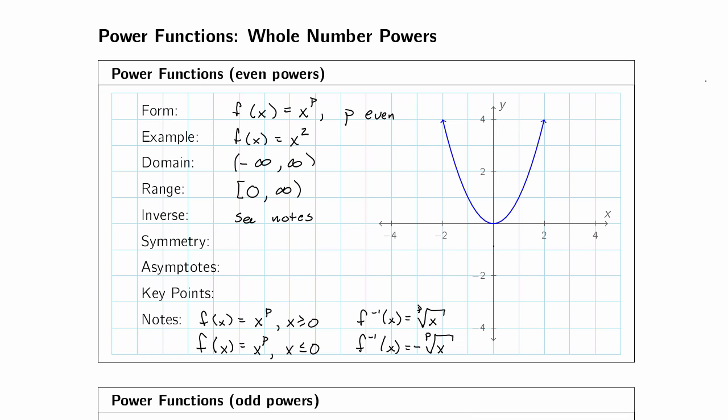Part of the reason that we need to make that move in splitting up the domain is that this is an even function, which means that it's symmetric across the y-axis. Now notice, even power, even function, that naming is not a coincidence.